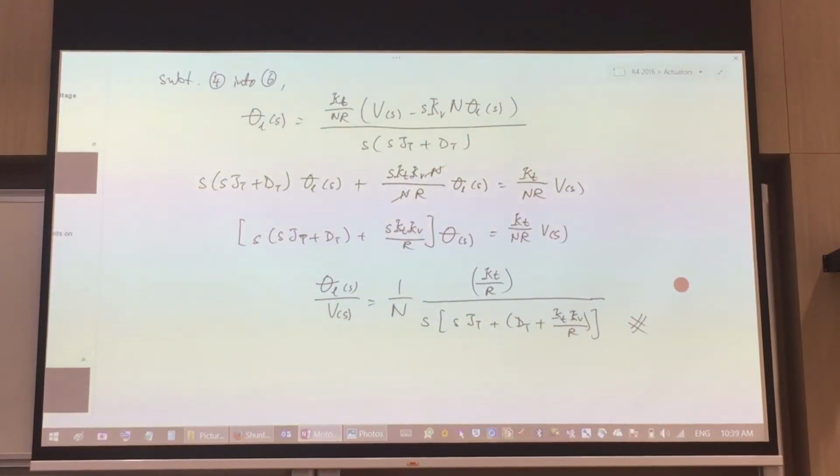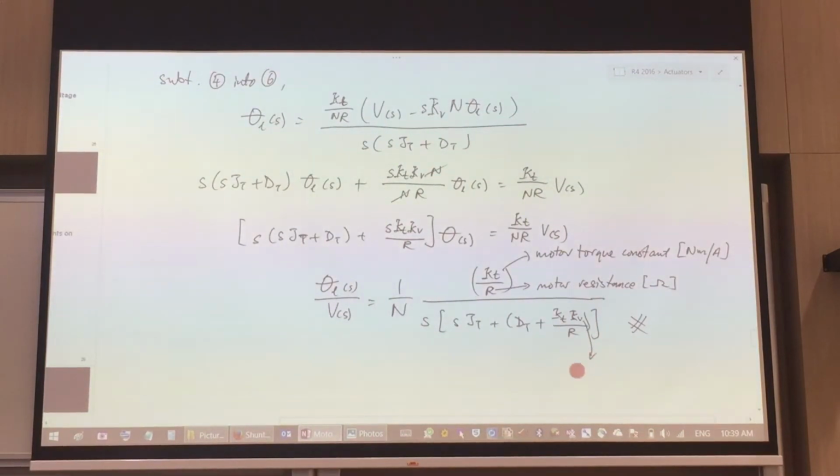So I want to put some meaning to all these terms. This one here is your motor torque constant. It has the units of newton meters per ampere. This R over here is your motor resistance, in ohms.